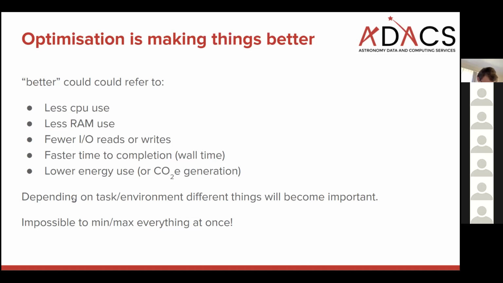You can't minimize CPU and RAM usage at the same time. Typically in many algorithms, there'll be a trade-off between how much RAM you're using and how much CPU you're using. Similarly for I/O, if you engage in caching a lot of results, that can help to reduce your CPU usage. But of course, the cached data needs to go somewhere.